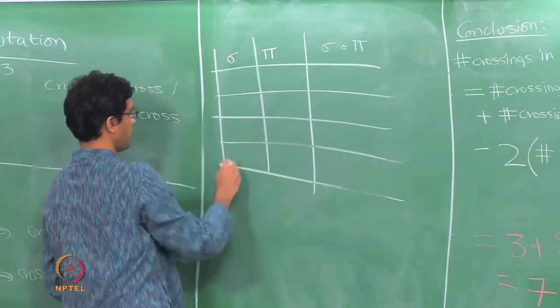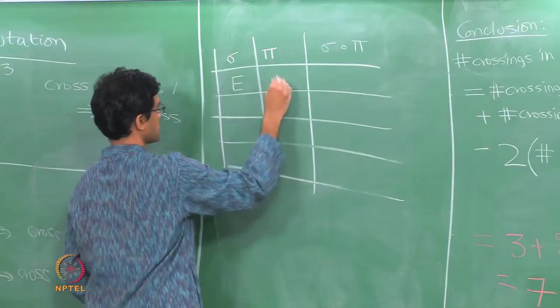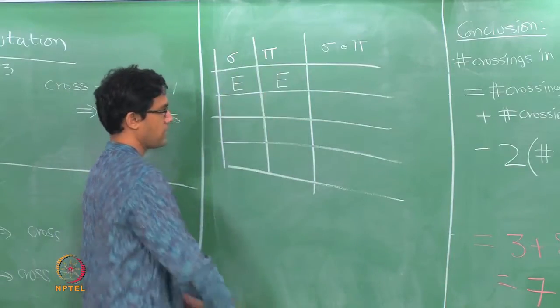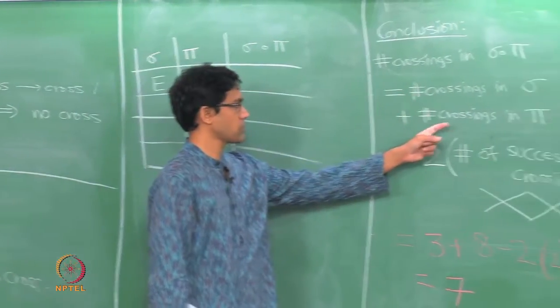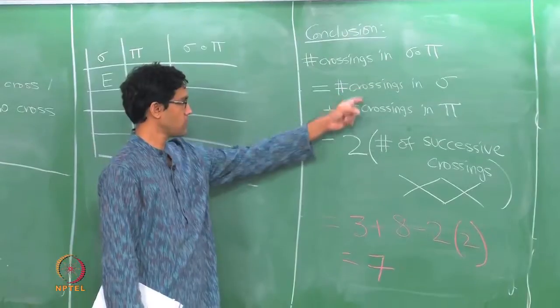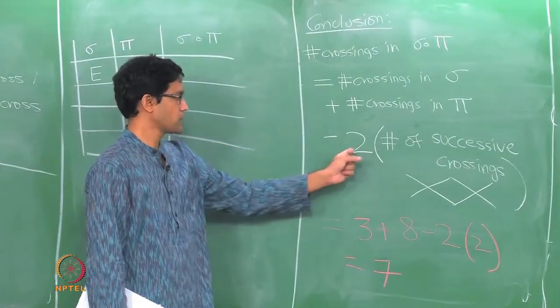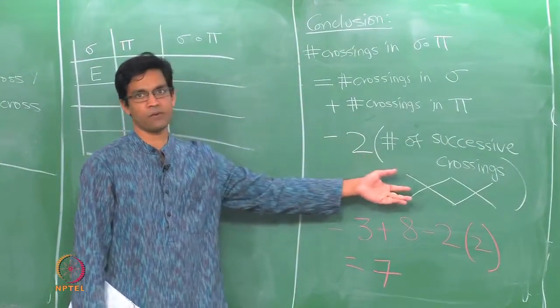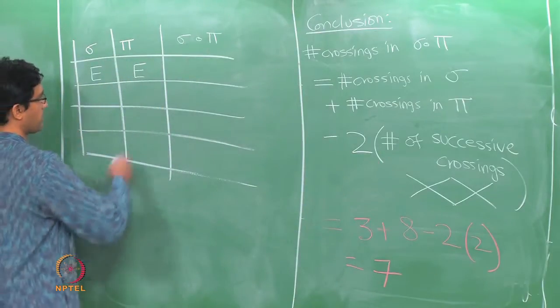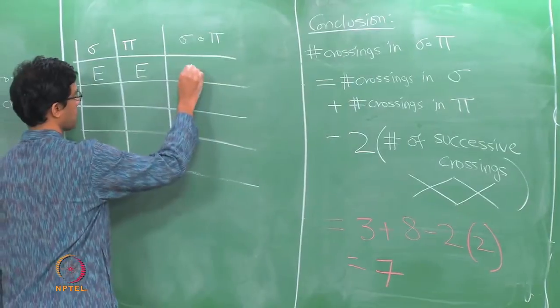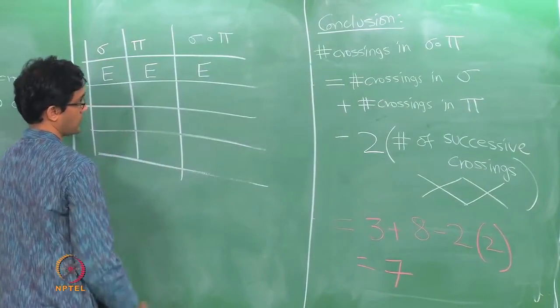If sigma and pi are both even permutations, by E I mean even, that means the number of crossings in sigma is even, the number of crossings in pi is even, the sum of two even numbers is even, and what you are subtracting out is always even because it is 2 times something. So if both are even, the right hand side is even.